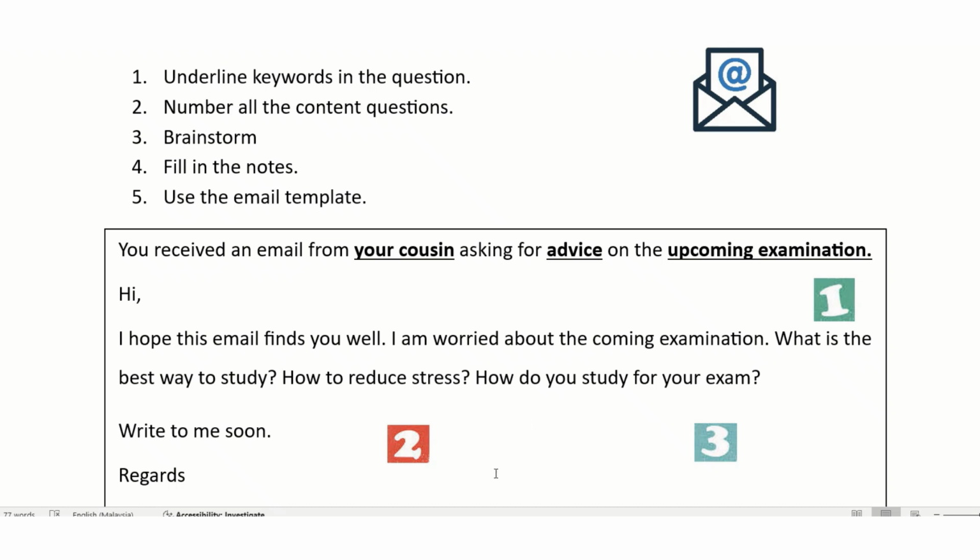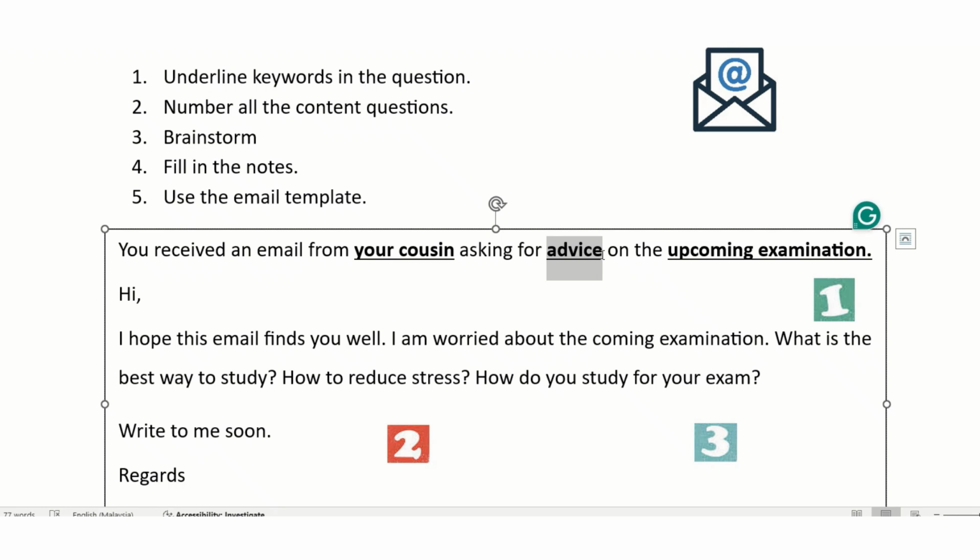Okay, so the first step, they need to underline keywords in the question. There are 3 things that they need to identify: the sender of the email, that will tell them who will read the email, or their audience for the email, whether it is family or friends, and what is the purpose of the email.